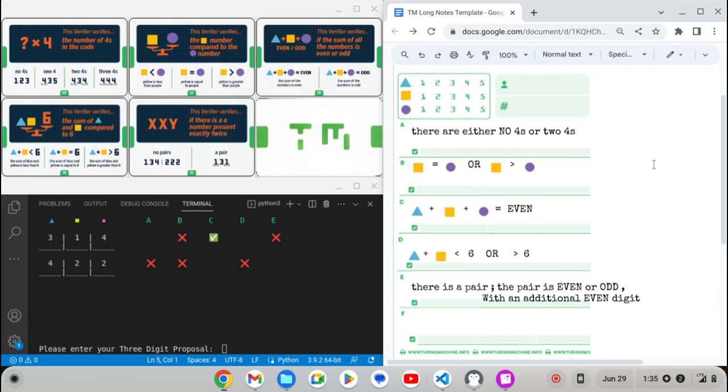Let's see. Nope. Oh, there we go. Okay, so we'll cross out this since they are not equal. And so we can say for sure that square is greater than circle. So if square is greater than circle, that means square can't be 1, because if it is the greatest, what would circle be?